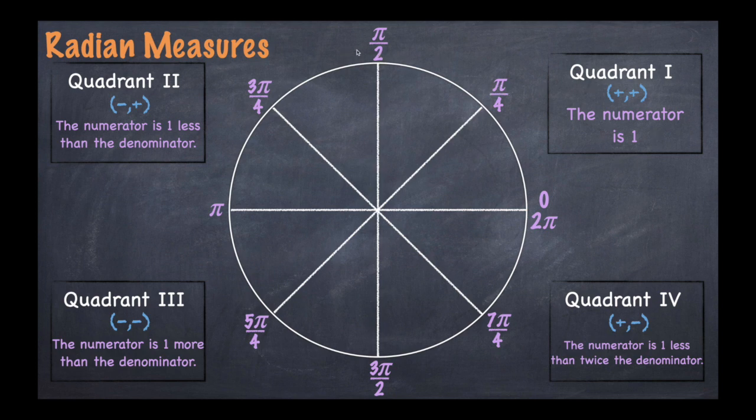In quadrant 2, the numerator will be 1 less than the denominator. In quadrant 3, the numerator is going to be 1 more than the denominator. And in quadrant 4, the numerator is 1 less than twice the denominator. So if I take 4 and multiply that by 2, I'd get 8. 1 smaller than that would give me 7.